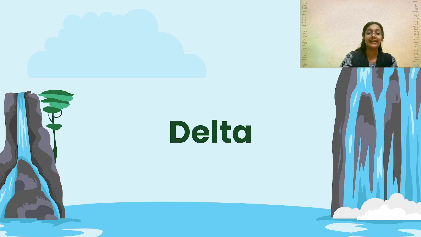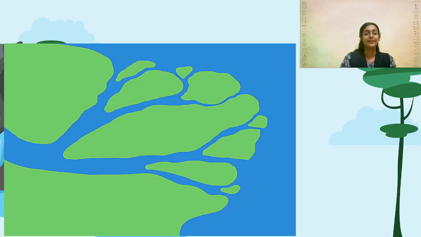Now, let's understand delta. The river is flowing and soon is going to reach its destination, going to meet the ocean. So, before meeting the ocean, the river opens up in the form of distributaries, as you can see.